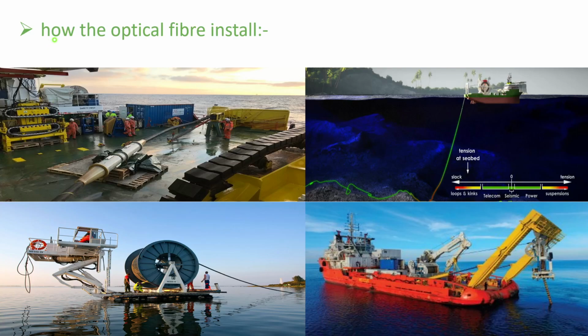In these slides, you can learn how optical fiber is installed. In the real world, optical fiber is installed by specially designed ships. You can see these ships in the second picture.